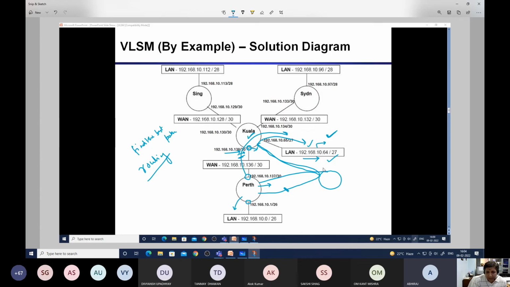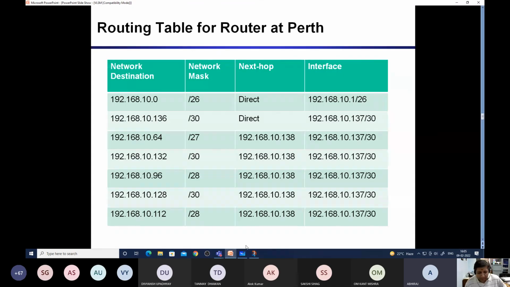This routing process continuously keeps running. Depending upon whether right now the best path is via Kuala Lumpur or via this X1, that is the result of the routing process, which we'll discuss. And depending upon the result of the routing process, the next hop and interface entries will be decided. Is this clear to everybody?